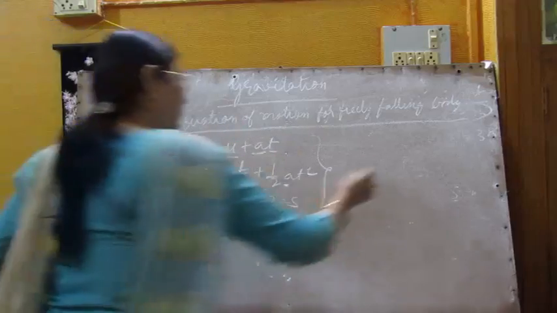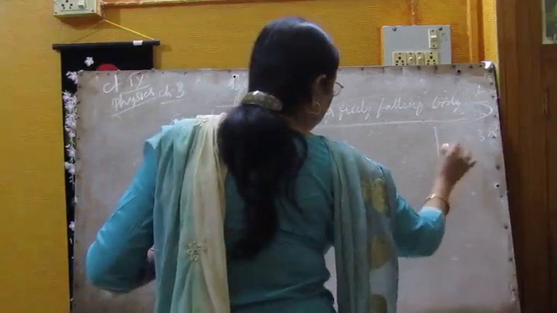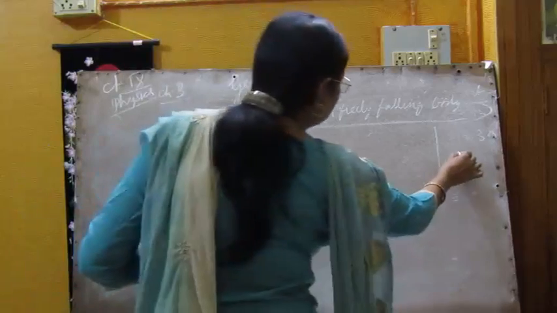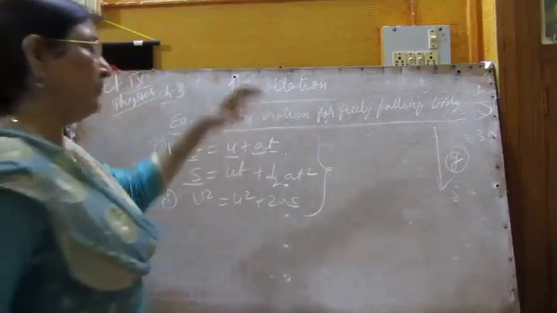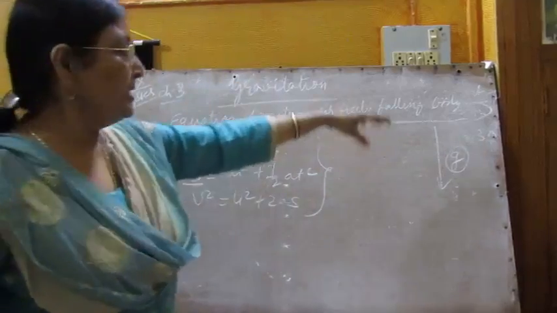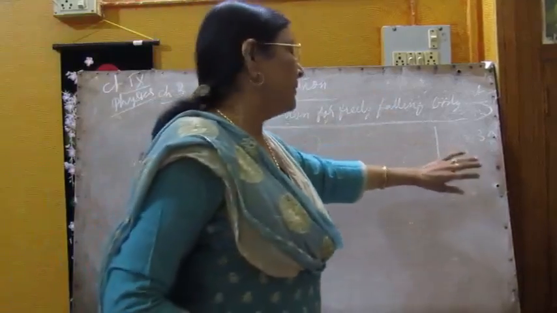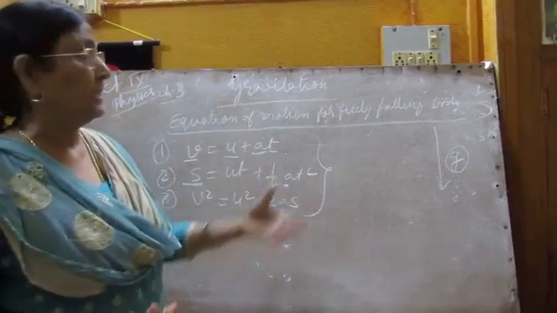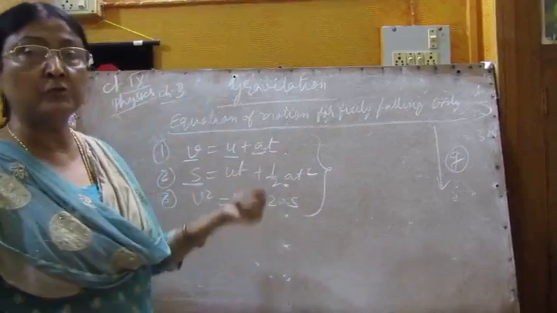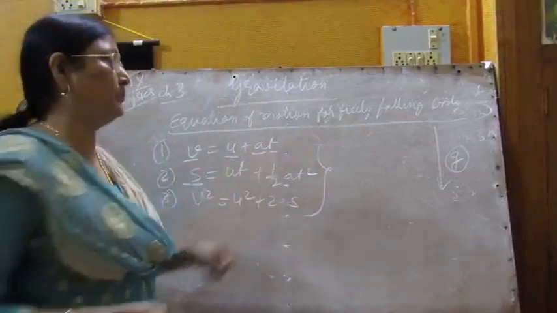Now how will it change? When the body is falling from a height, in a vertical plane, the acceleration due to gravity is G. The acceleration due to the force of gravity means the attractional force of the earth on the object.